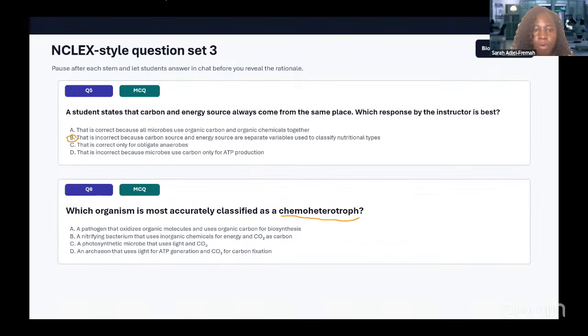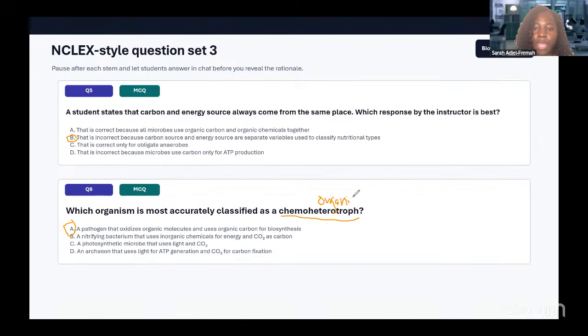And I'm getting another response, which is A. I will likely go with A because remember, chemo, you are getting your energy from chemicals. Heterotroph, you are getting carbon from an organic source. So that's how we are going to approach this one.